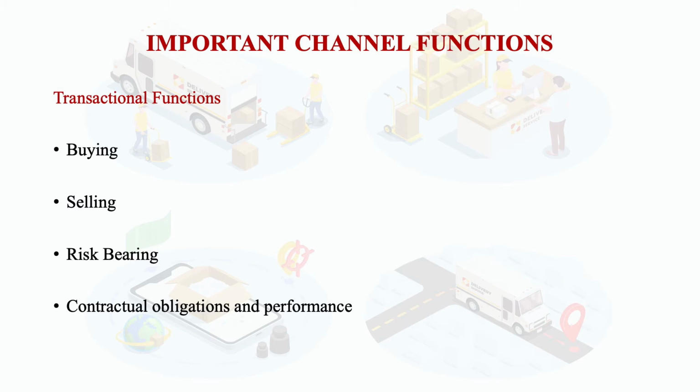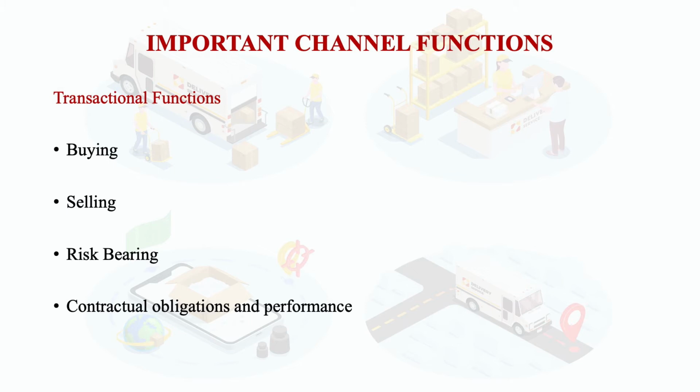The last transaction function is whenever you appoint wholesalers, the business person or the owner of the goods, the producer, appoints channels of distribution, he gets into long-term contractual relationships. So, in order to carry forward these transactions, the channel members also have to perform various obligations under their contracts.